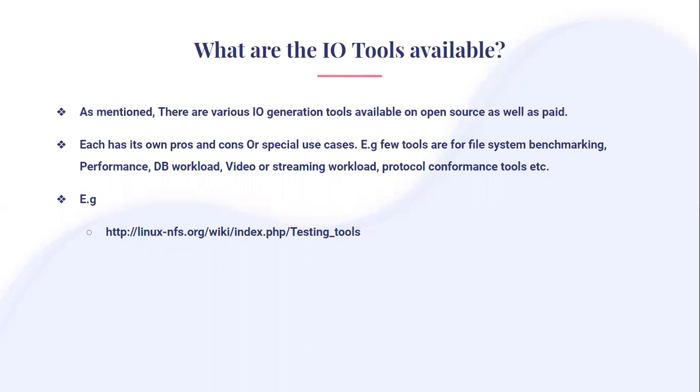DD basically creates a sparse file, but not the actual files. So there can be many tools. Here's the link I have mentioned for reference. It lists a lot of testing tools which you can refer to from the NFS testing point of view.